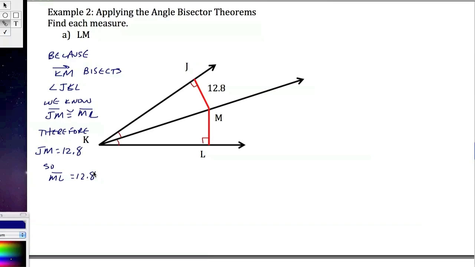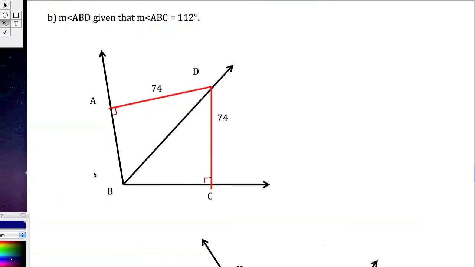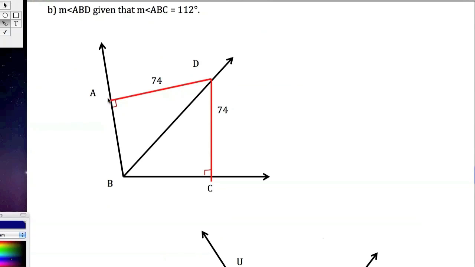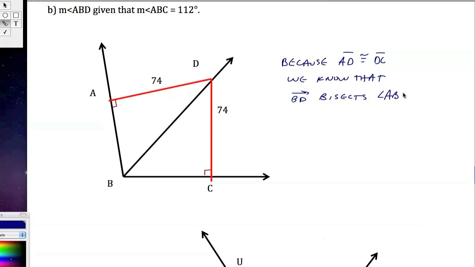Okay? The next example. See if you can do this one on your own. We're trying to find the measure of angle ABD, knowing that these two things are congruent. ABC is 112 degrees. Because AD is congruent to DC, we know that ray BD bisects angle ABC.